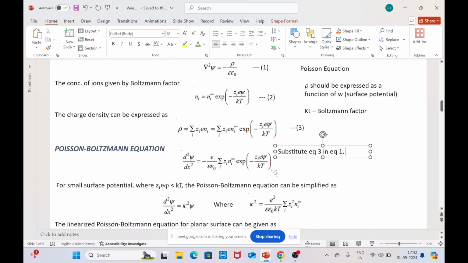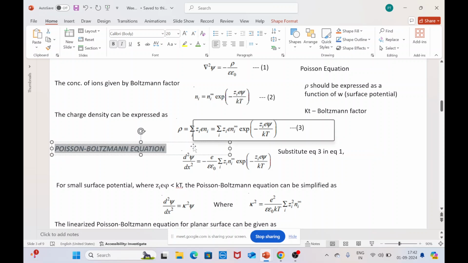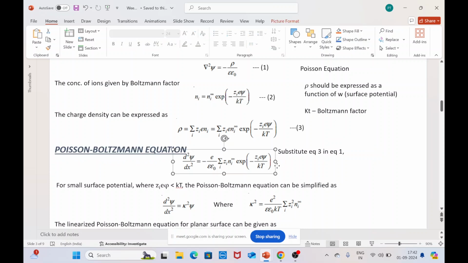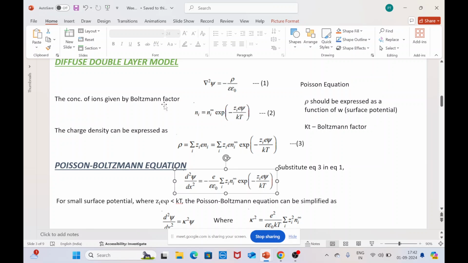This equation is called the Poisson-Boltzmann equation. This equation, dou square psi by dou x square equals minus e by epsilon naught times Zi Ni at infinity exponential minus Ze psi by kT, is called the Poisson-Boltzmann equation, because we have introduced the Boltzmann factor into this Poisson equation.